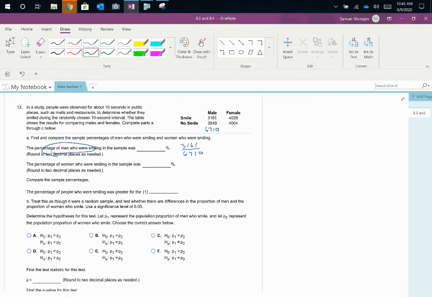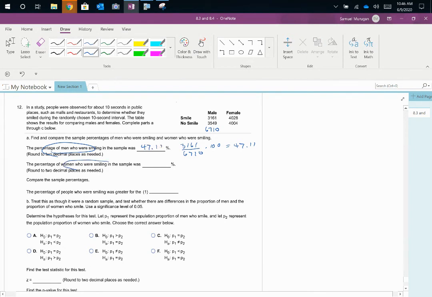Times 100, which according to my calculator is approximately 47.11%.